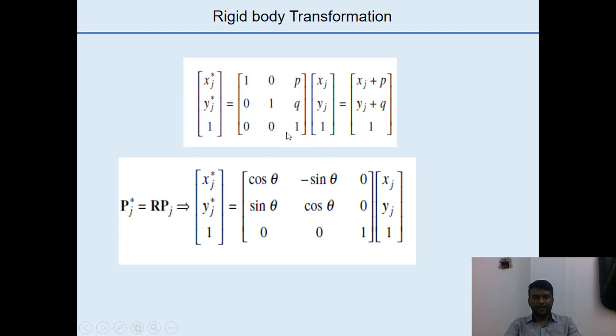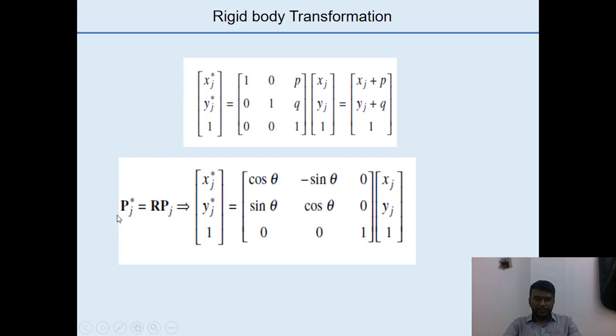If both are multiplication matrices, both can be written as one matrix, and that matrix is called the homogeneous transformation matrix. These are called homogeneous coordinates, xj star, yj star and 1. Why homogeneous? Because it is converted into a multiplication matrix and it can be used for all the matrices.